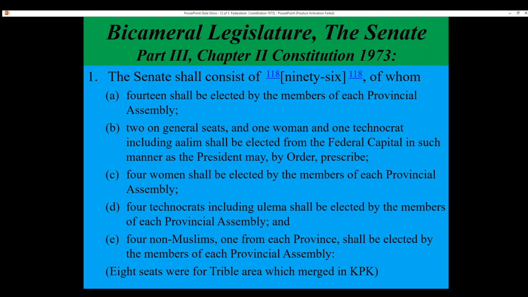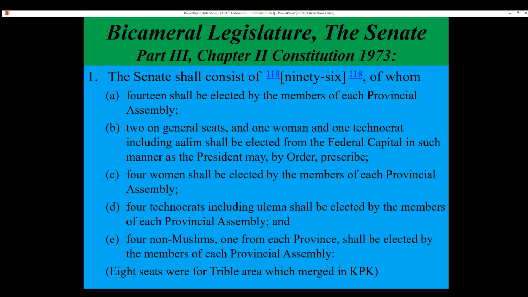Subclause B, 2 on general seats and 1 woman and 1 technocrat, including ulema, shall be elected from the federal capital in such manner as the President may, by order, prescribe. So these seats will be elected by the National Assembly normally.